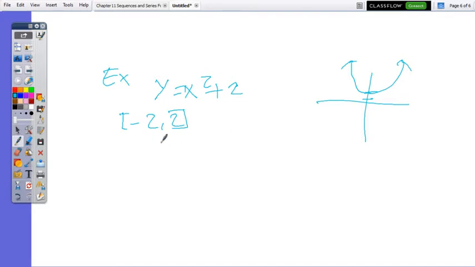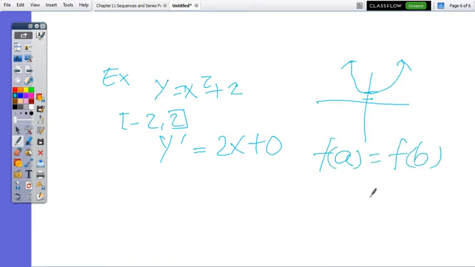First thing that I want to check is that it's a continuous function. It is, and there's no gap, no hole, so it's continuous. And also it's differentiable. If you try to find y prime, we get 2x plus 0. Another thing that you want to check is that f of a is the same as f of b.